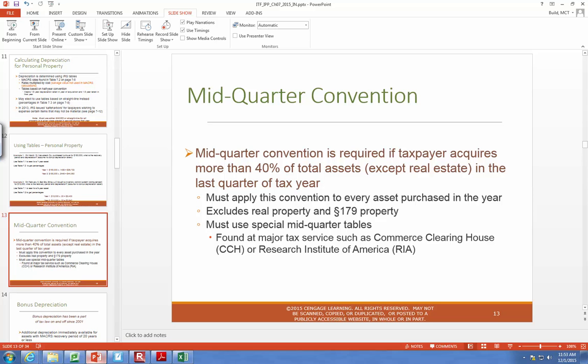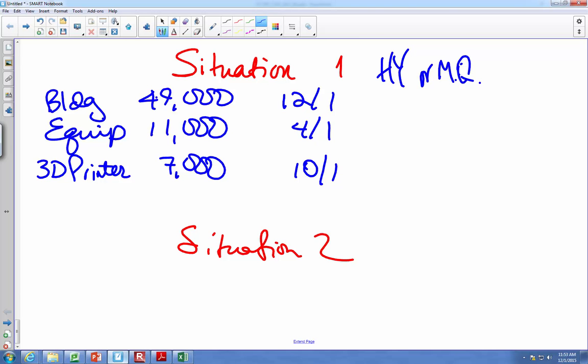So now let's go look at this again. Did you get a new lens on this? What's the calculation to see if it's mid-quarter or not? Not 7 divided by 49. The math to see is it mid-quarter.